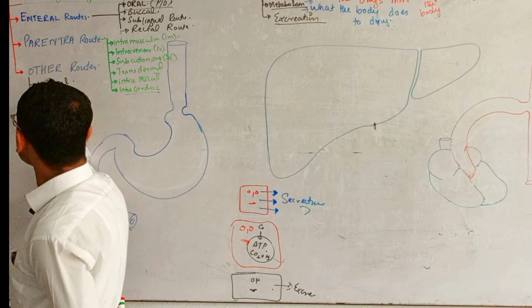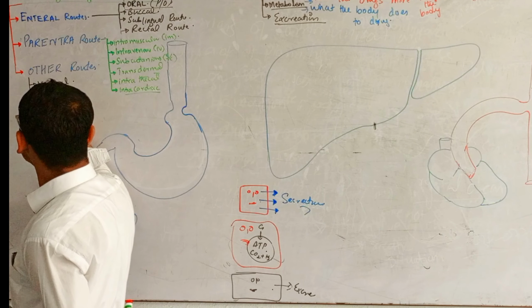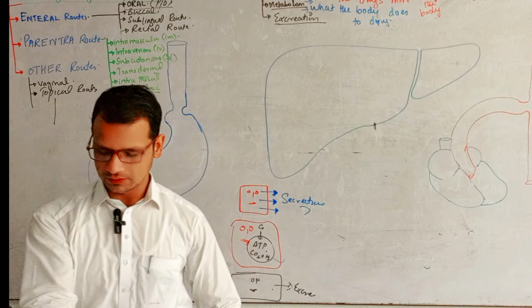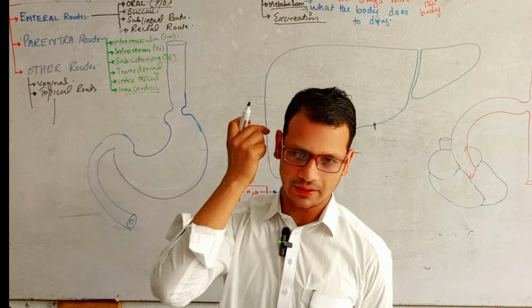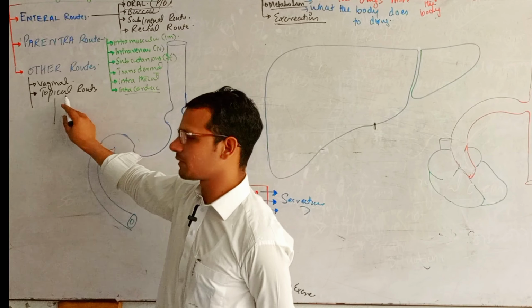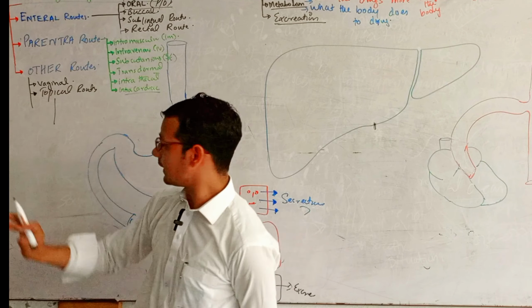Second is topical routes. When we apply a medicine to the skin, or put drops in the ear or eye, this is called topical, because it has no systemic effect, it has a local effect on a specific area, right?